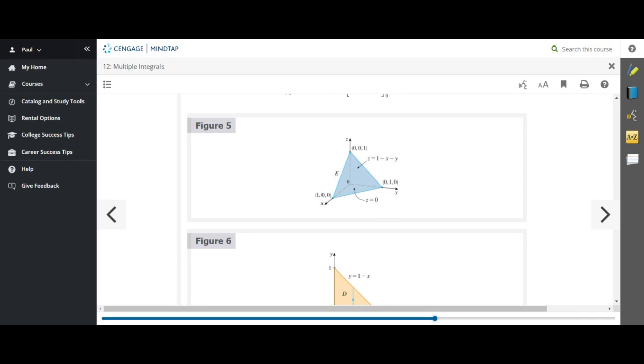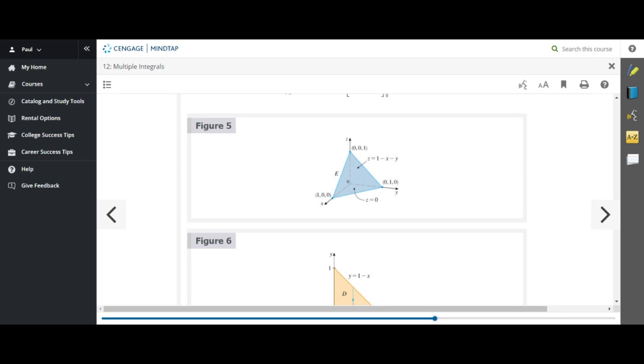What would be the best way to go here, or the easiest, I should say? Good, Norina. Good, Arian. dz. That's right. Because it's very clear that the surface is bounded above by the plane z equals 1 minus x minus y, and bounded below by the plane z equals 0.